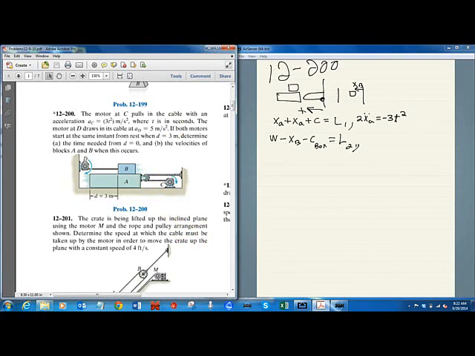Okay, so I'm going to take two derivatives. What is the W double dot? 0. What is XB double dot? Acceleration? Okay, so this would be minus XB double dot. What's C box double dot? 0. So that equals, what is the L2 double dot, the length of rope 2 double dot? 5.